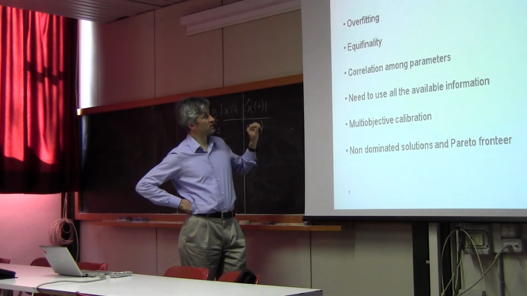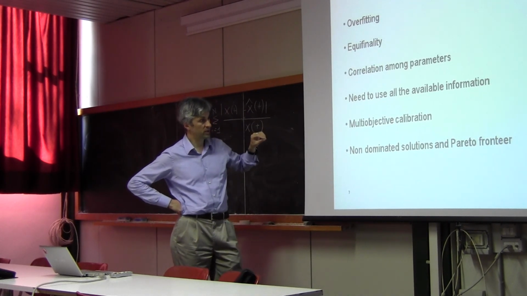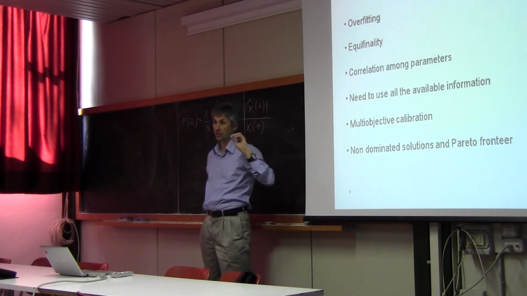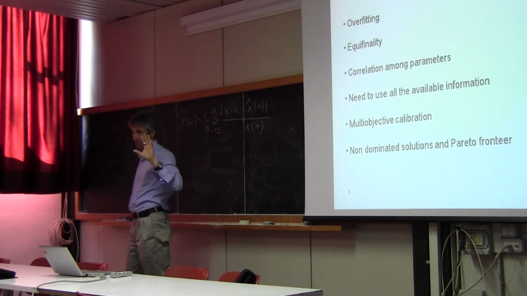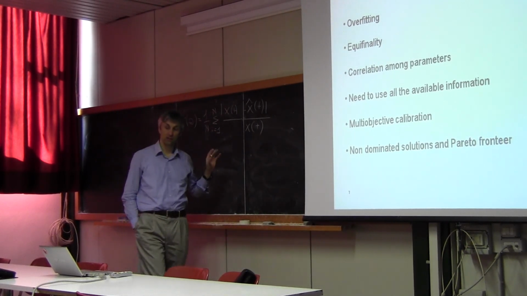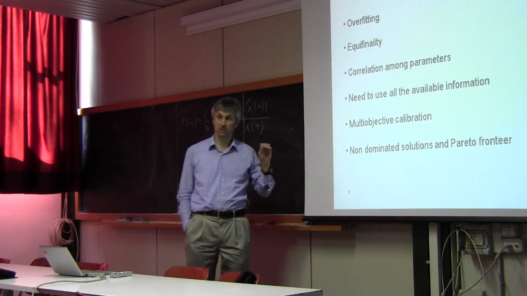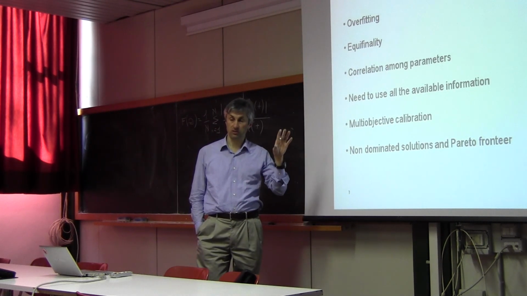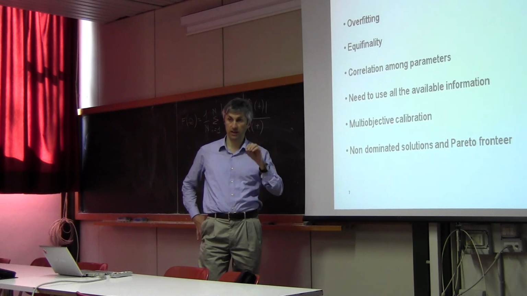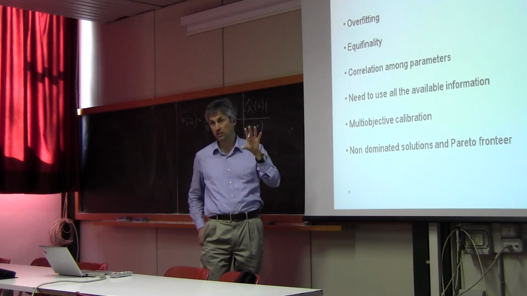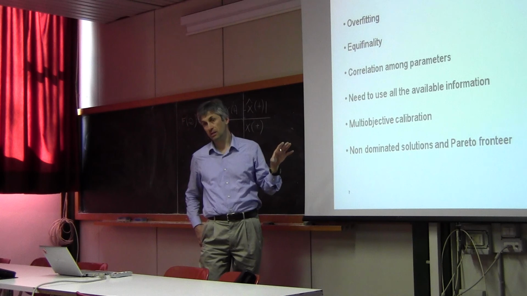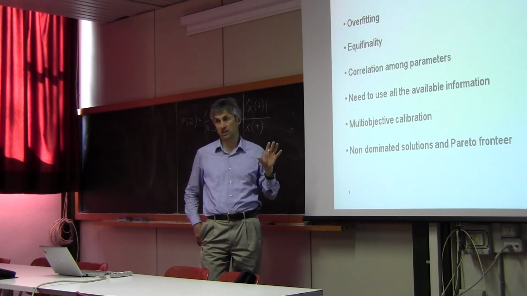First of all, this is not mentioned here. It may happen that your algorithm fails in finding the optimal parameter vector. So the algorithm, the program, the code tells you that optimization was not successful.